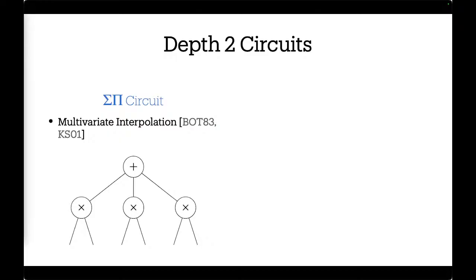We know how to do this in polynomial time thanks to Ben-Or and Tiwari and then Klivans and Spielman, so we have polytime algorithms for this. Again, it's not trivial. It does require some interesting ideas to be able to do reconstruction even for depth 2 circuits.